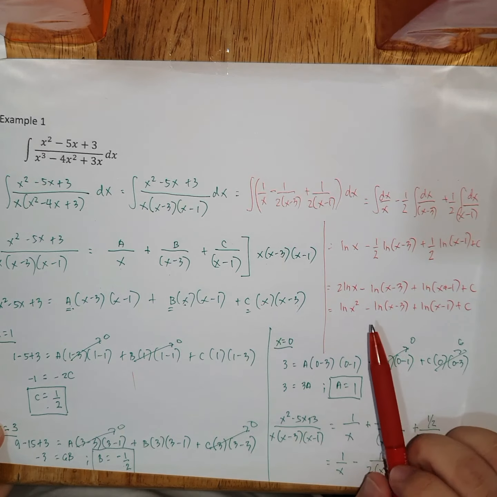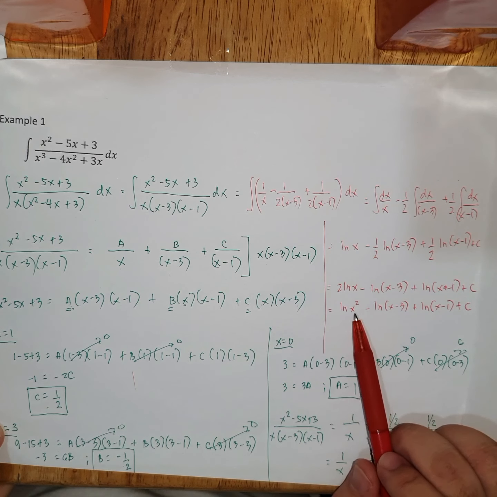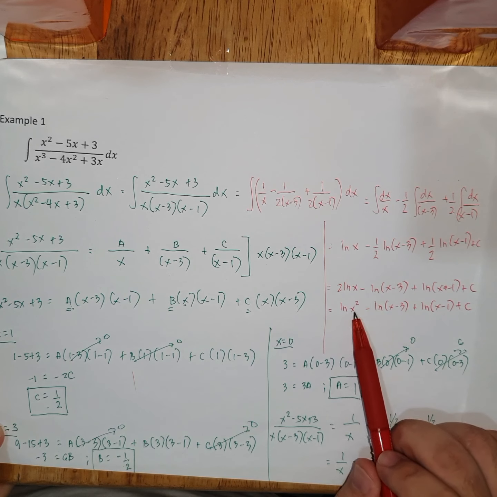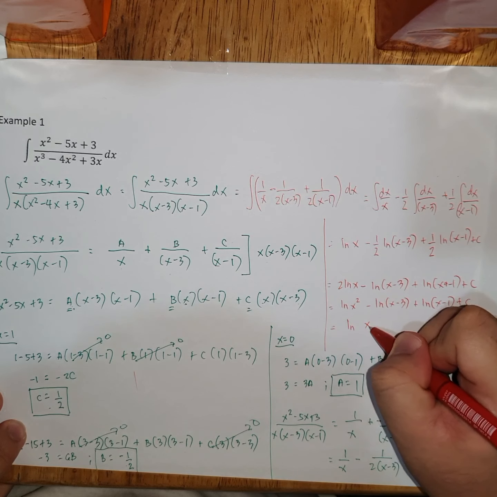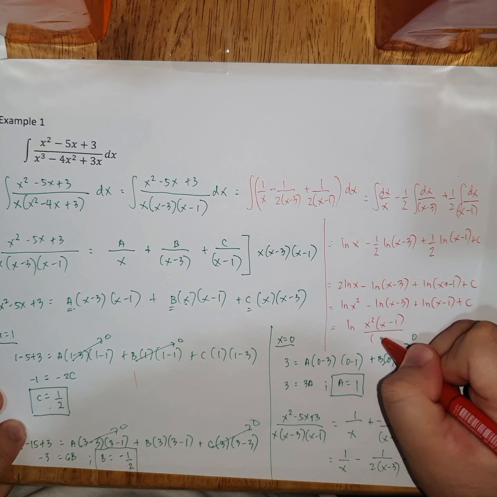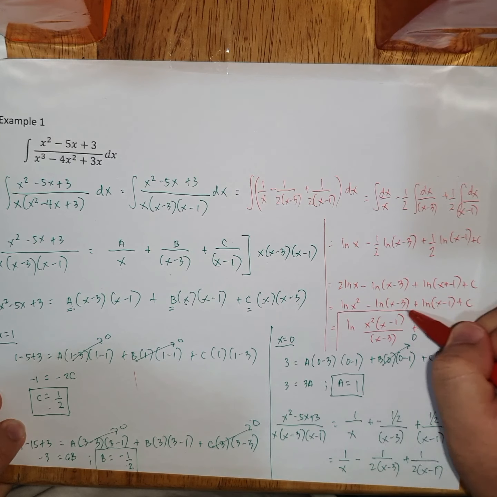Okay, so kung ito minus, so dapat pag pinagsama natin yung natural logarithm, nasa denominator siya, and ito plus, dapat multiply siya dito. So yung final answer natin will be ln x squared times x minus 1 over x minus 3 plus c. So this will be our final answer.